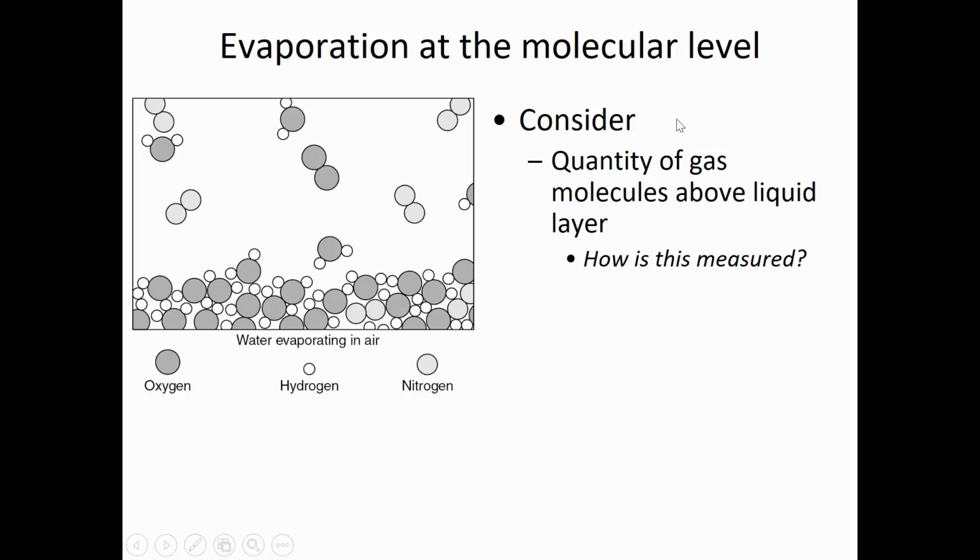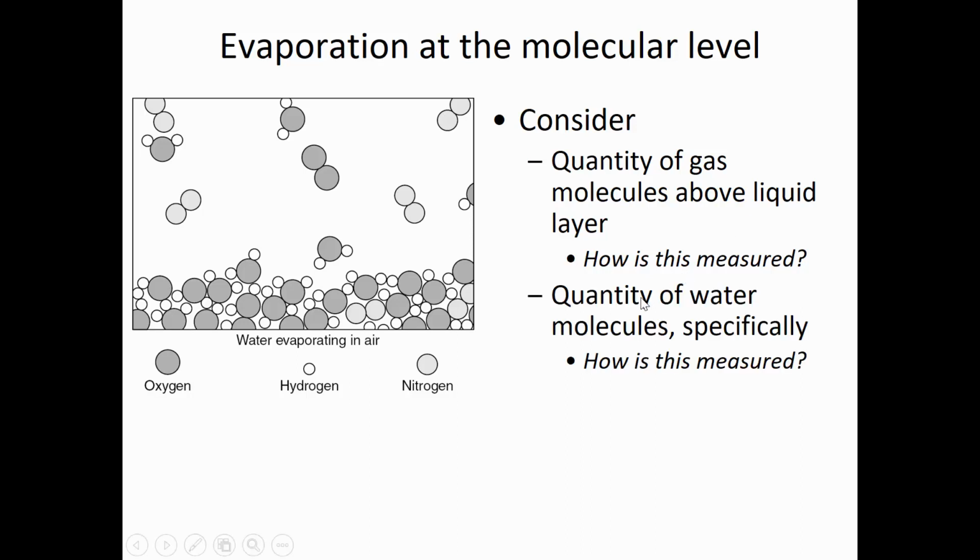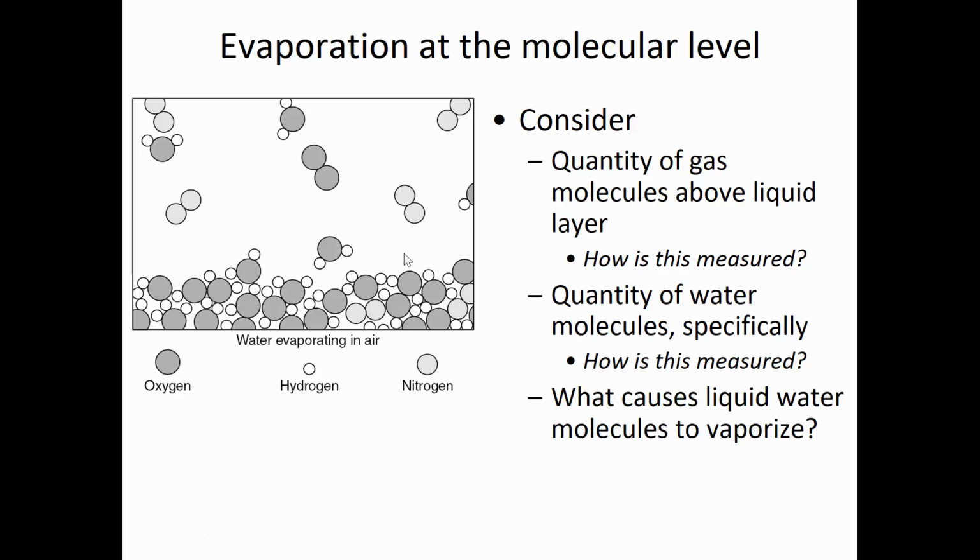The amount of gas above the liquid layer, we measure as the atmospheric pressure. And the quantity of water molecules, how much water is in the gas above, is the relative humidity. And what causes the liquid to vaporize is energy.